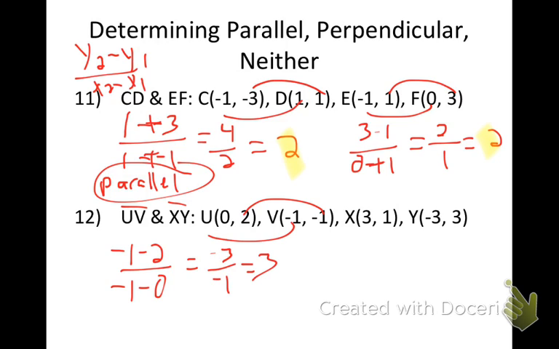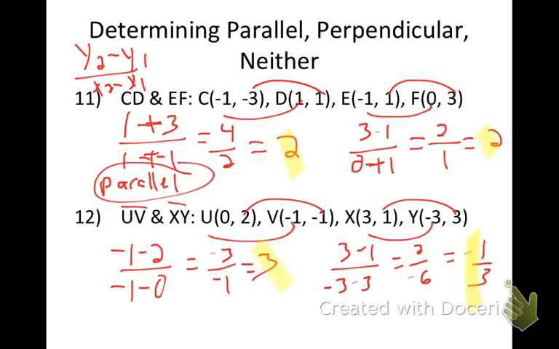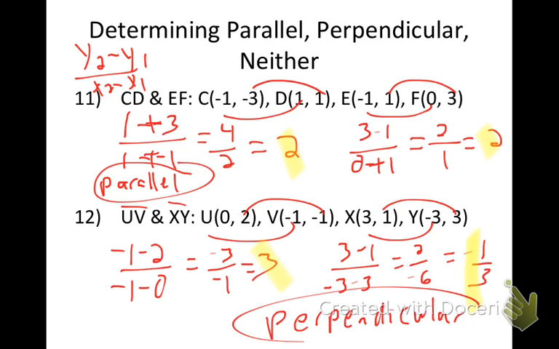Nice job. Then you find the slope of XY. Blake, what's the slope of XY? Negative 1 over 3. Very good. So, Clark, parallel, perpendicular, or neither? Those are perpendicular. Why? Because they are opposite reciprocal slopes.